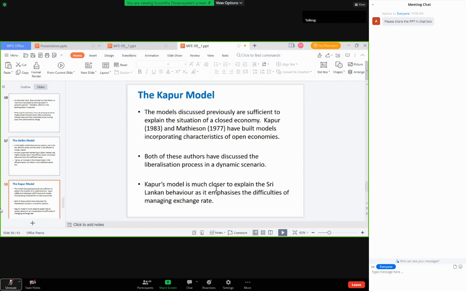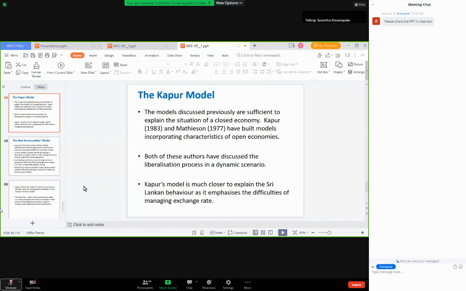The Kapoor model is much closer to explaining Sri Lankan behavior, as it emphasized the difficulties of managing the exchange rate. This applies not only to Sri Lanka but to any small country which mainly relies on importation activities.